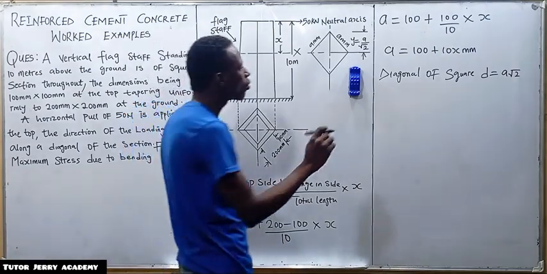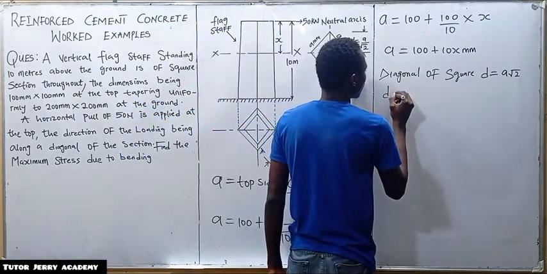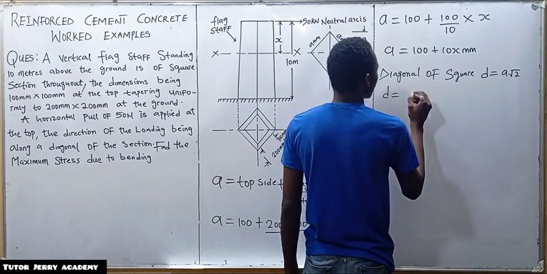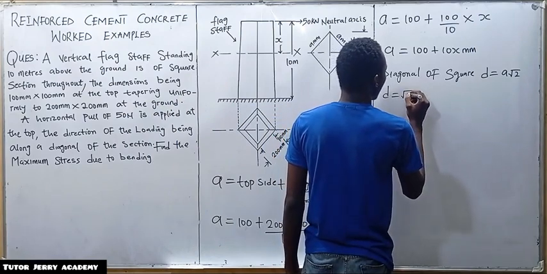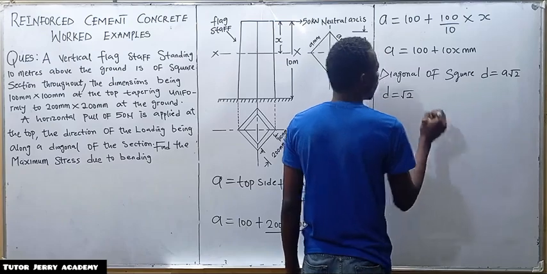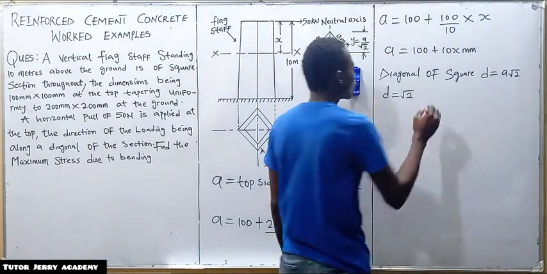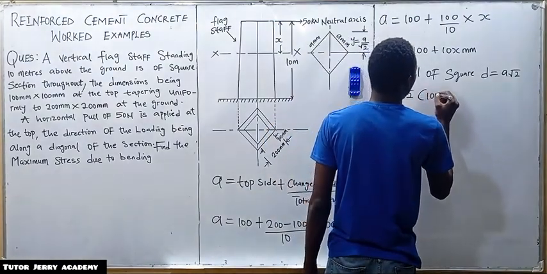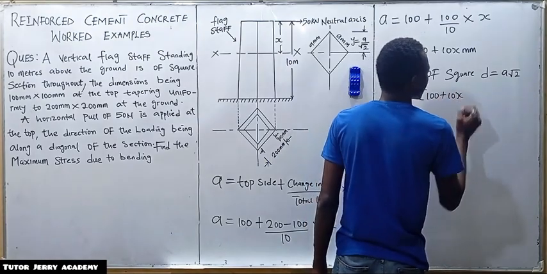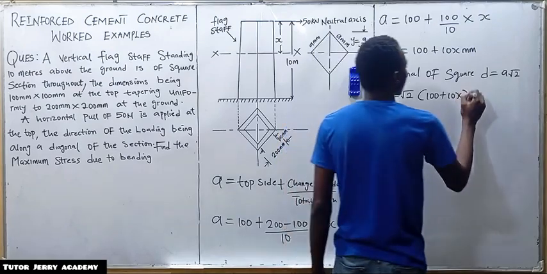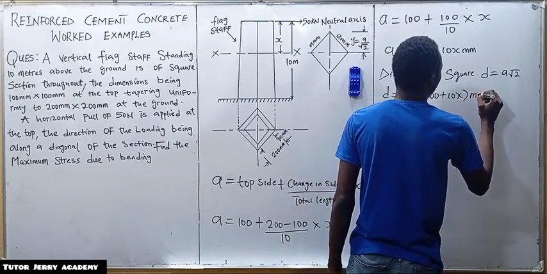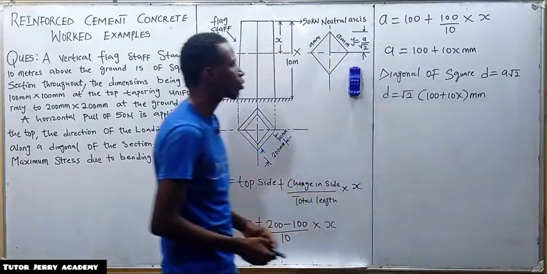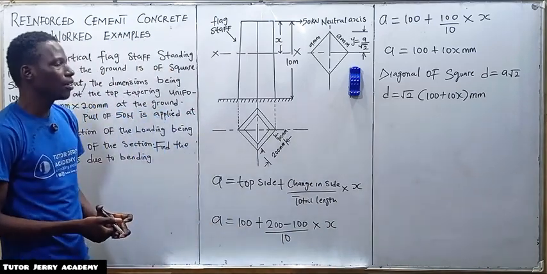So our D will be equal to the square root of 2 multiplied by the bracket of 100 plus 10x, close bracket, in millimeters. This is what we have as the diagonal of the square.